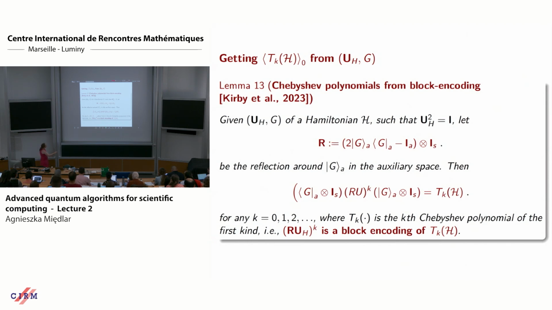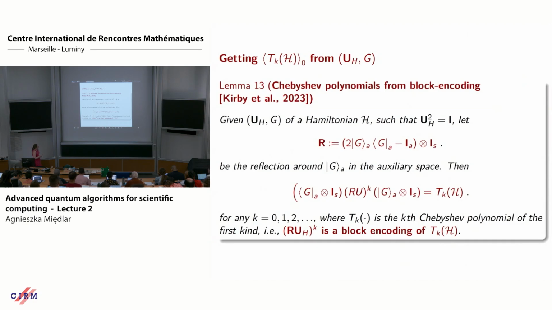And then there is this beautiful theorem. I took this exact statement from the paper by Kirby, but I'm not even sure if this is the original source. I didn't find the original source of this, but it may be there.